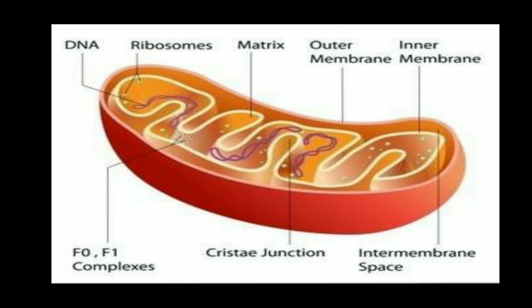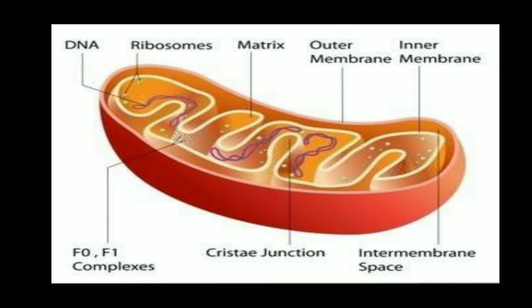Okay, this mitochondria was once upon a time a free living bacteria, so it has its own genetic material that is called mitochondrial DNA, or mtDNA, right? And as they have their own DNA, they also have ribosomes, so that they can synthesize their own proteins.